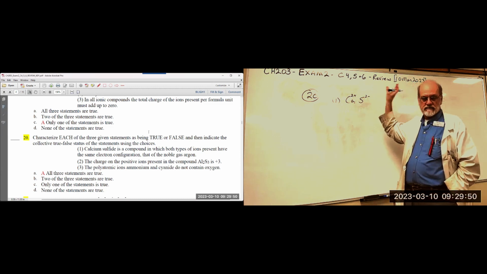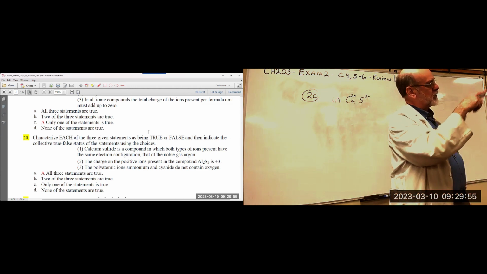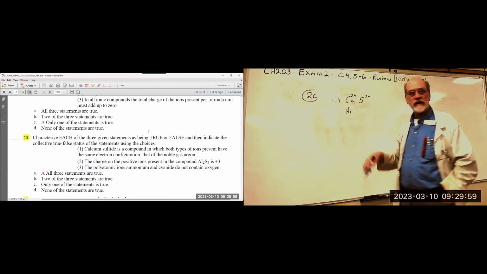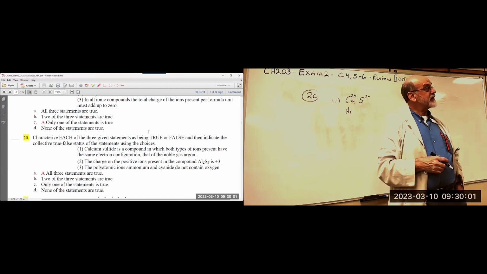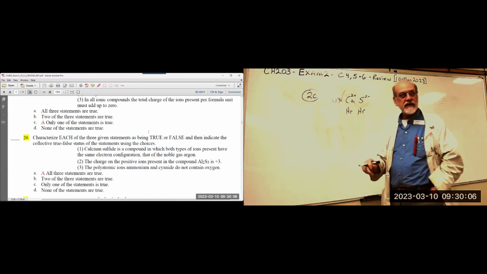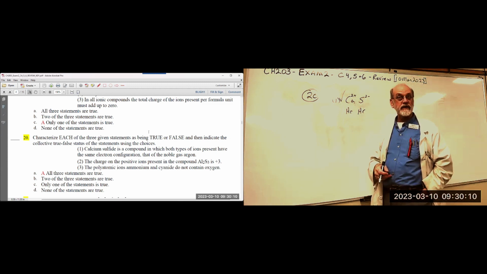So if we go calcium and back up 2, we get to argon. So that's the same configuration as argon. Sulfur, add 2, we get to argon. Right, that's true. That statement is true. They have the noble gas electron configuration.